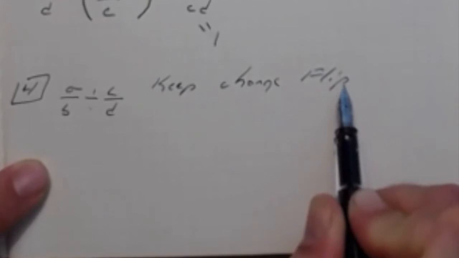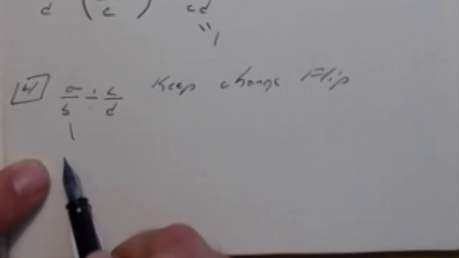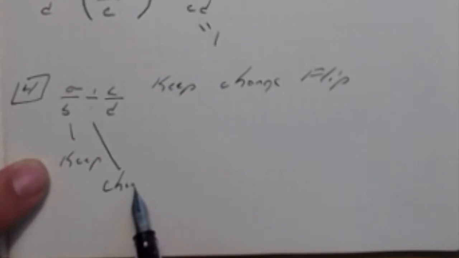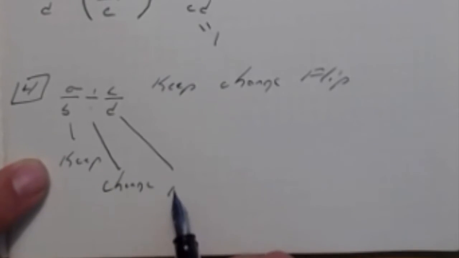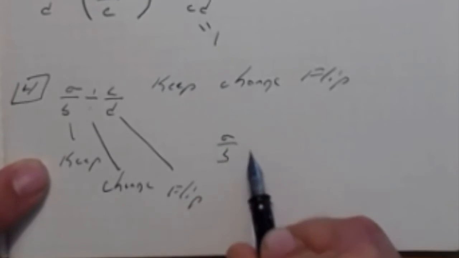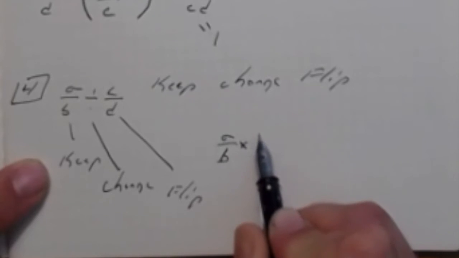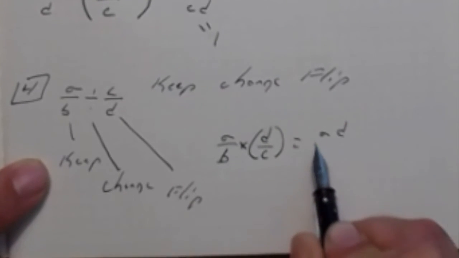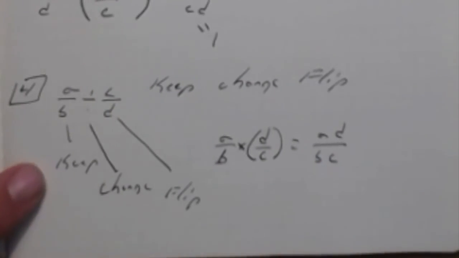I'm going to keep a divided by b. I'm going to change my division symbol to a multiplication symbol, and I'm going to flip my second term of c divided by d. This is going to give me a over b times d over c. And I multiply straight across as I do with fractions to get AD over BC.